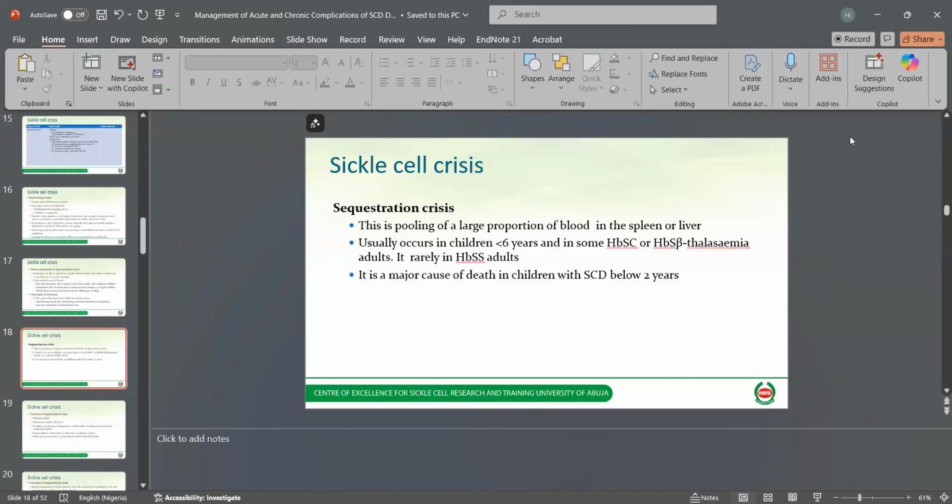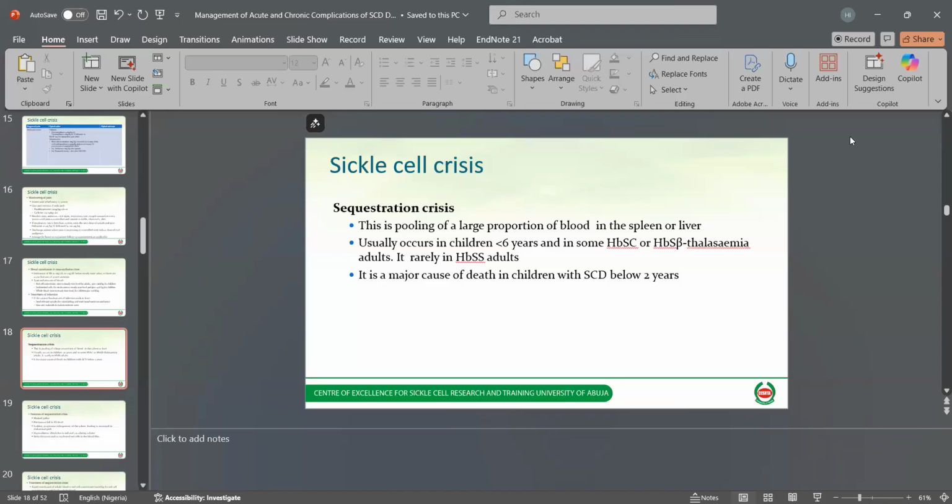It rarely occurs in hemoglobin SS adults. It is a major cause of death in children with sickle cell disease below 2 years. It rarely occurs in adults because by adult age, there is autosplenectomy, so they hardly have that complication.